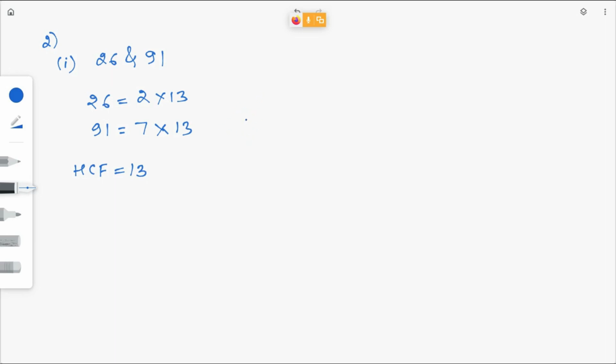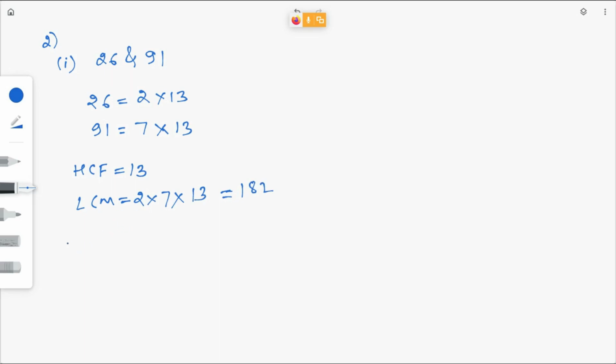Factorization. Okay, sir. So next, LCM. What is the LCM here? You need to write 2 and 7 and then 13, which is equal to 182. 182, right?